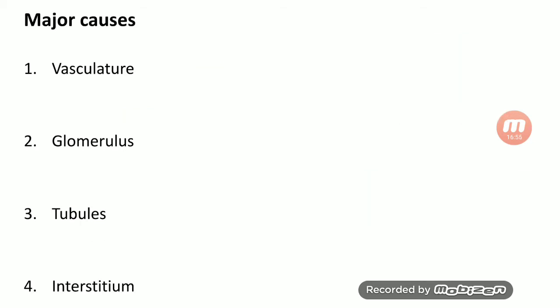Now the major structures which can get damaged in intrarenal injuries are the vasculature, the glomerulus, the tubules, or the interstitium. First we'll talk about your vasculature.